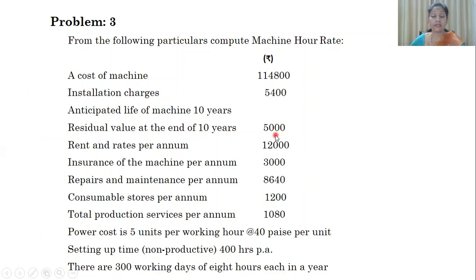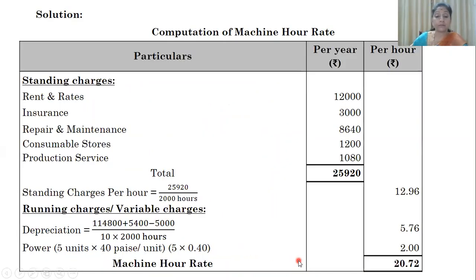We have to take residual value, that is scrap value: 1,14,800 plus installation charges 5,400 minus 5,000, divided by the working life of the machine, anticipated life 10 years into 2,000 effective working hours per year.